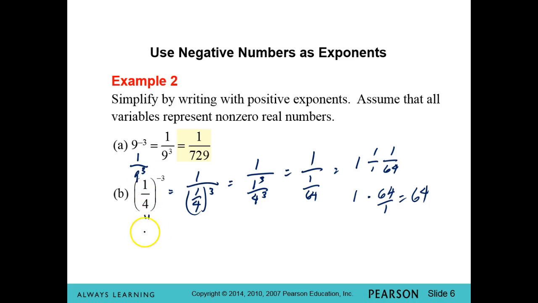Let me show you, if you had done a step similar to this at the very beginning, what would have happened. This would have been equal to 1 to the negative 3 over 4 to the negative 3, right? Okay. Now, what's 1 to the negative 3? 1 over 1 cubed, right? And what's 4 to the negative 3? 1 over 4 cubed.